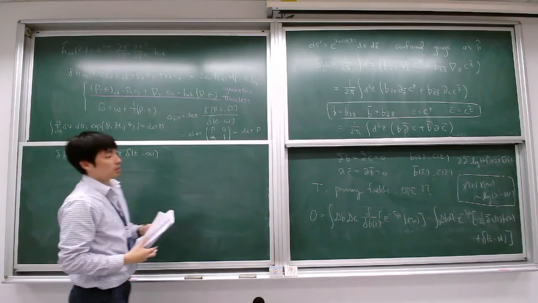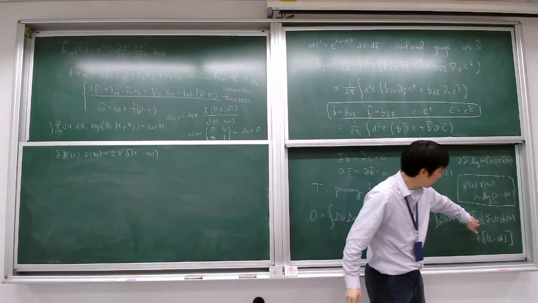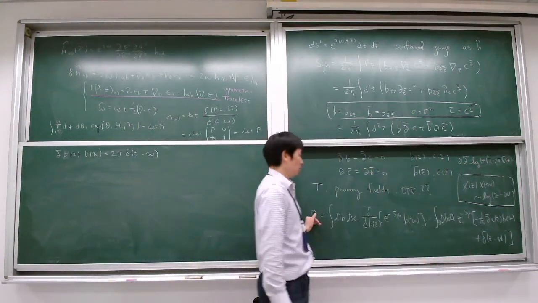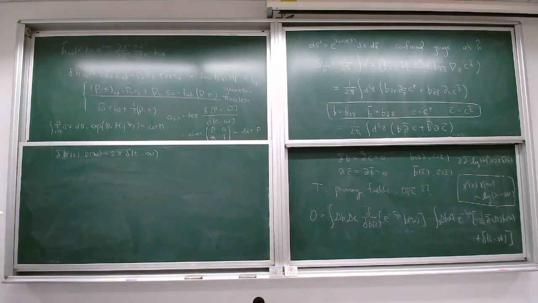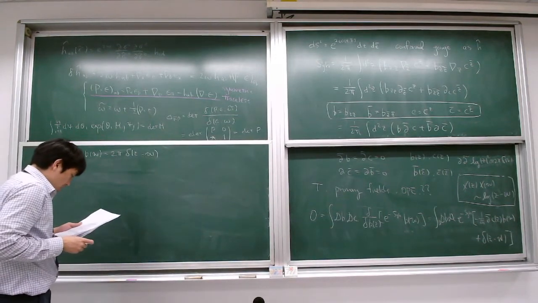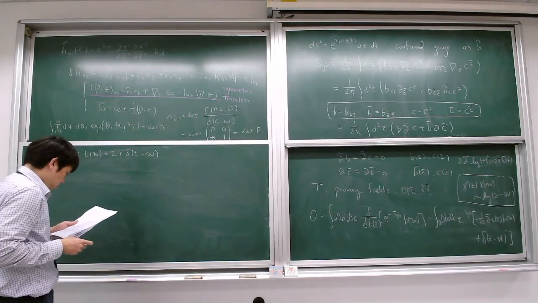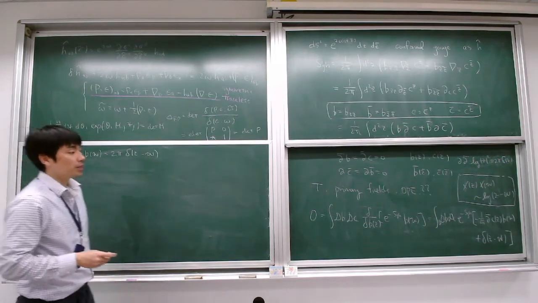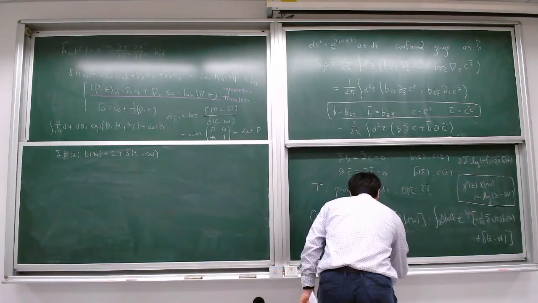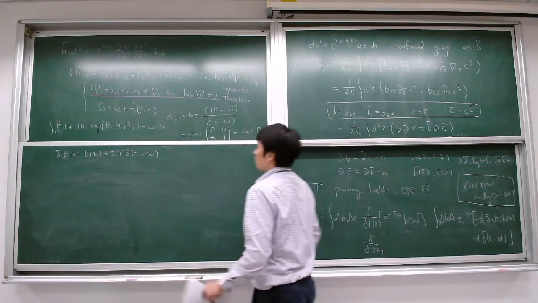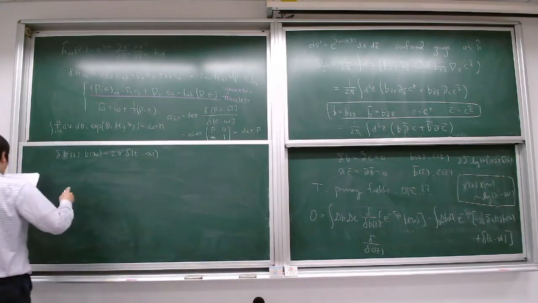So from here, in this operator formalism, this has to be equal to 0, which means this. Okay. And similarly, we can take the same thing for del C, and then what you would get is easy. You can just swap B and C.